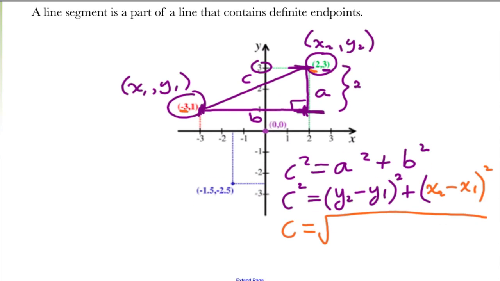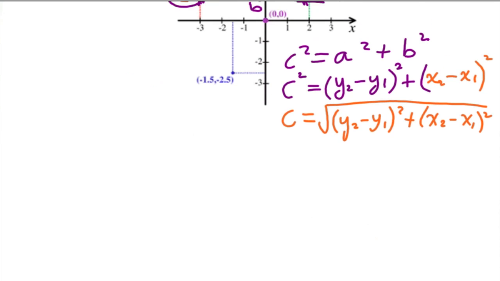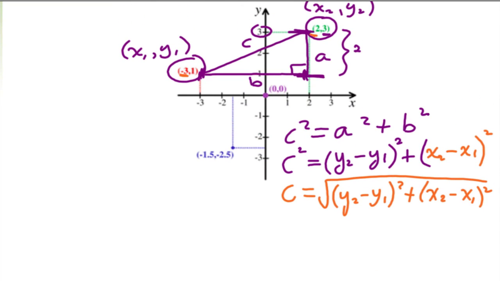So where the formula comes from, it looks just like this, and it looks a lot like the Pythagorean theorem. What we would do is sub in our values if we wanted to find out this answer. We could sub in our values for x2 and x1 and y2 and y1.